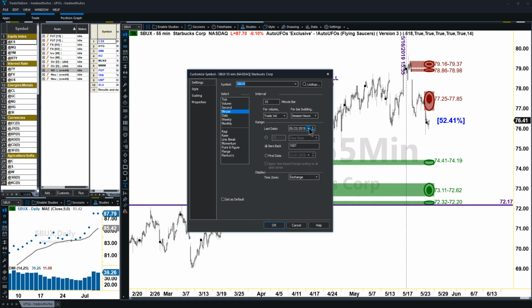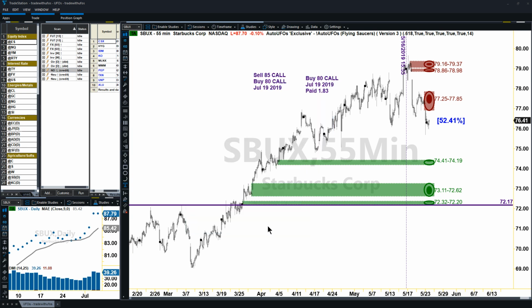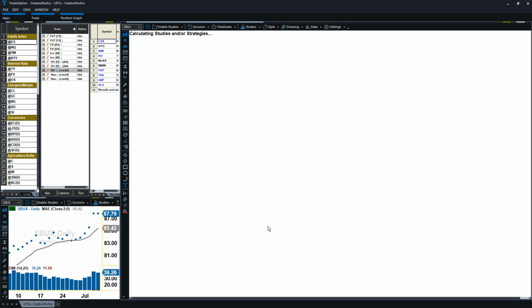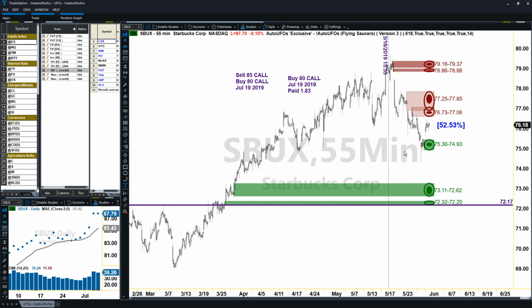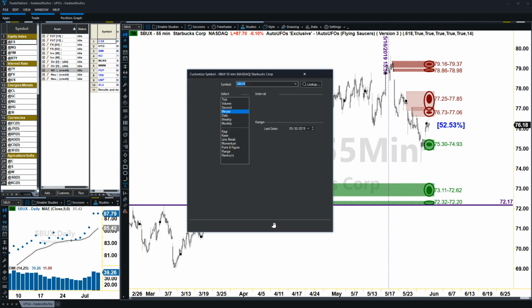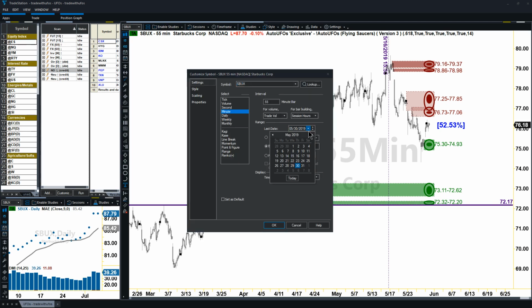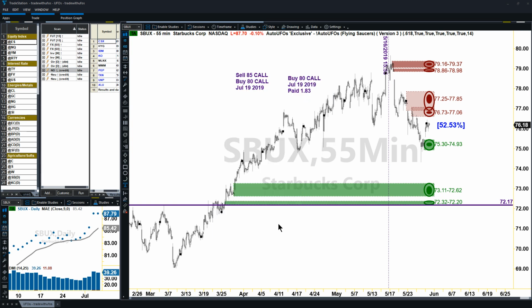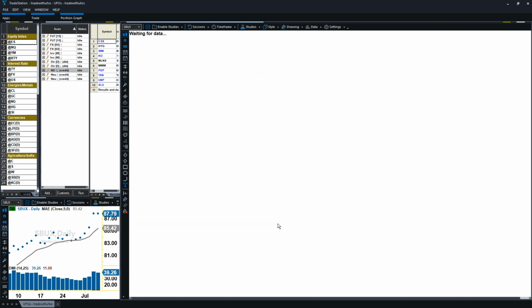It keeps moving against you. One more week. Now it's falling more. It's really not too much fun, but you are just following your plan. Now we're getting into May 6th. I'm just moving one week at a time, to be a little more visual.